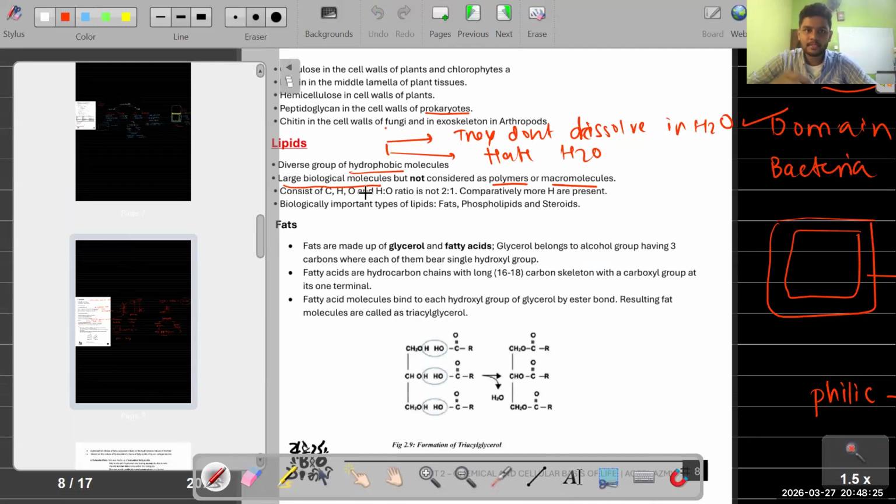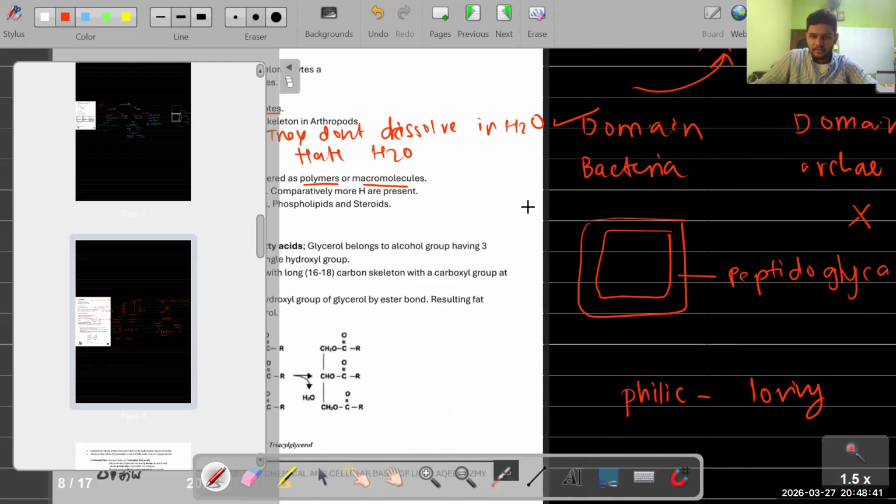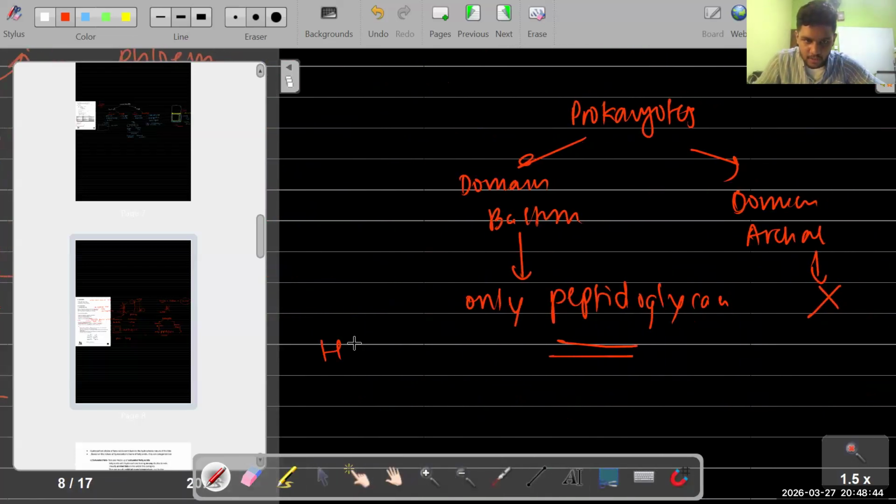These are mainly the elemental composition. And the H to O ratio is not 2 to 1. Name a compound which has an H to O ratio of 2 to 1, which means if you consider that molecule's H to O ratio, it should be 2 to 1. Name a molecule.